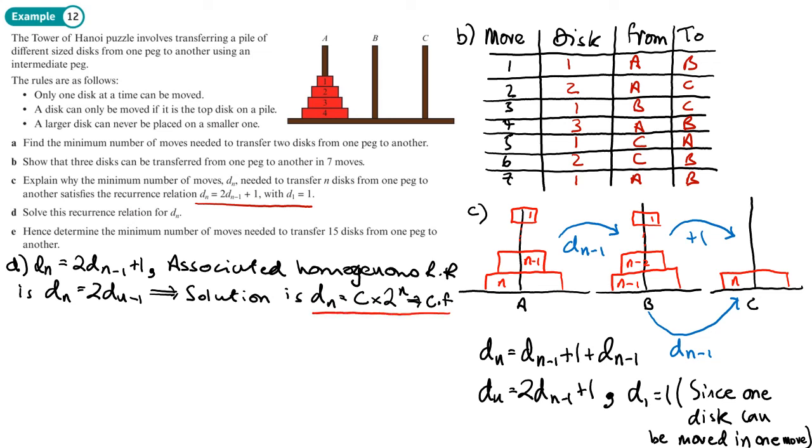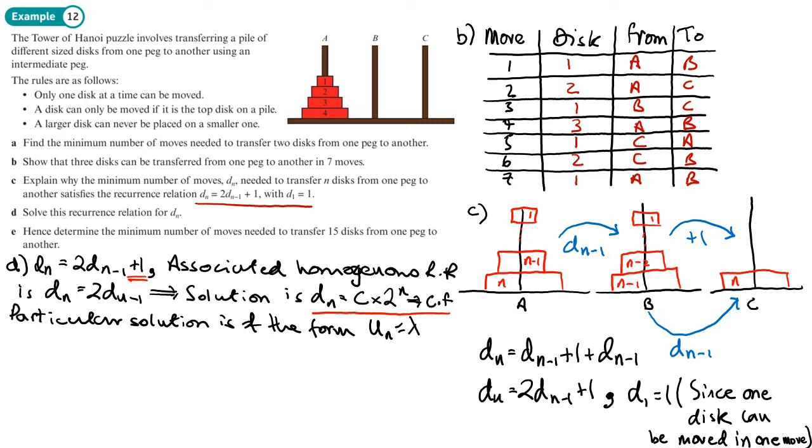Then we need to look at the g of n part, which is just plus 1. So the particular solution is of the form u_n equals lambda, because it's just a constant.